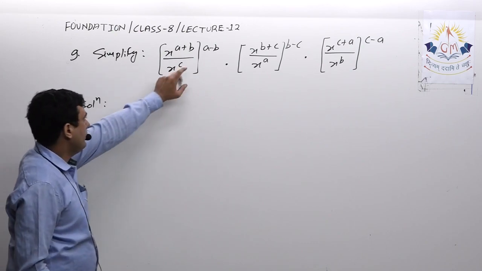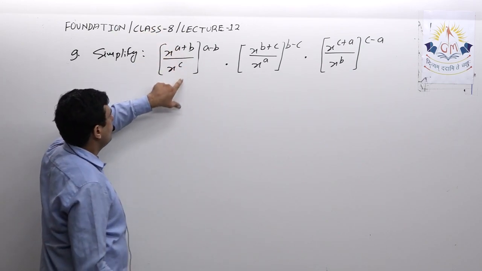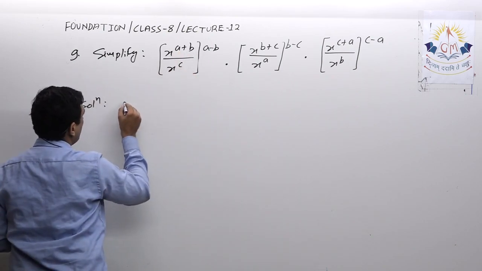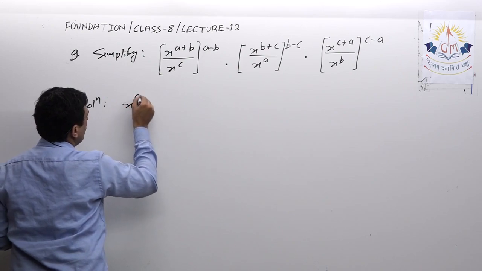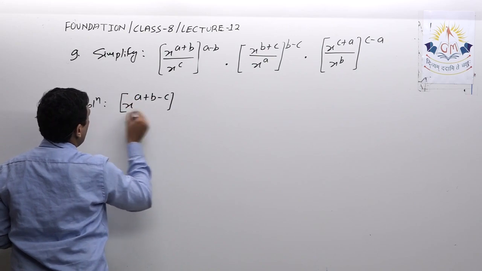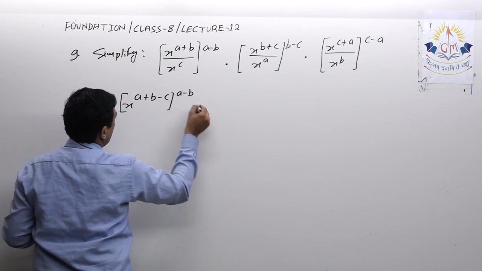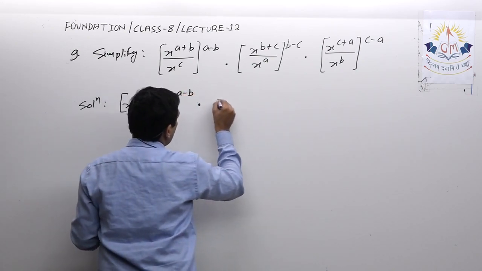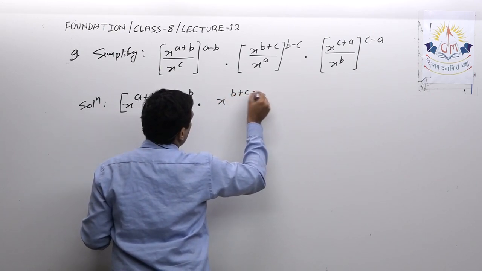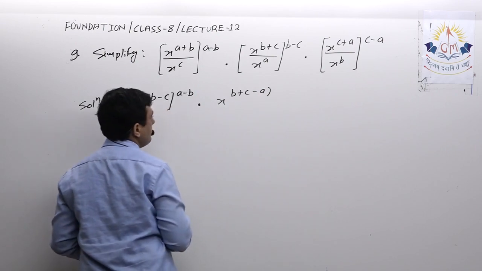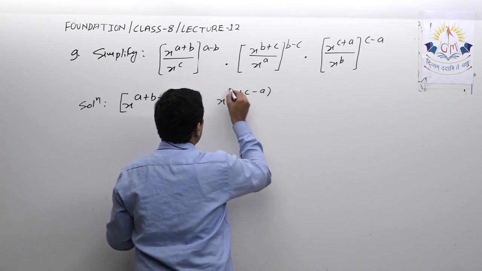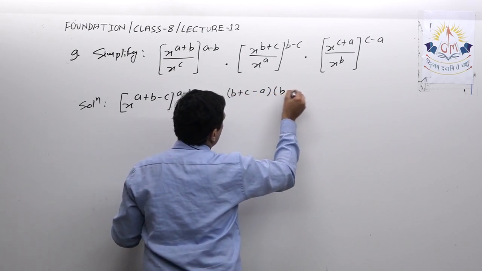Okay, you have to follow the same thing. So first thing that I can do over here, first I will apply the quotient law. So this will become x raised to a plus b minus c raised to a minus b into x raised to b plus c minus a into b minus c.